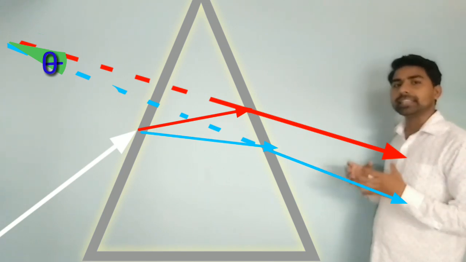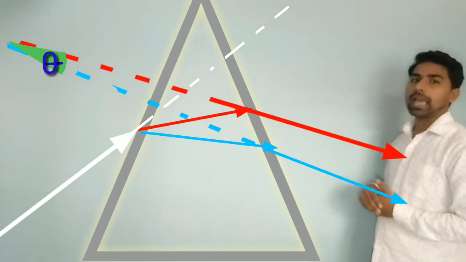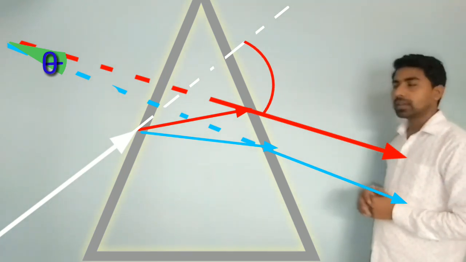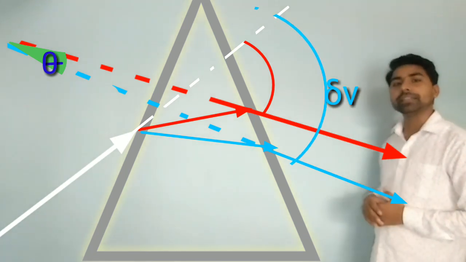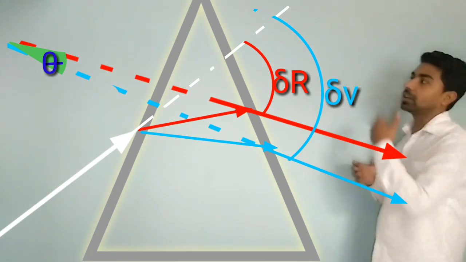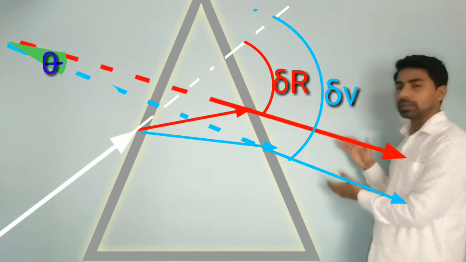To calculate the deviation, let's draw the incident ray further. So we will get the deviation produced by the red one and the deviation suffered by the violet color also. We can say the angular dispersion is clearly the angle between the emergent rays.